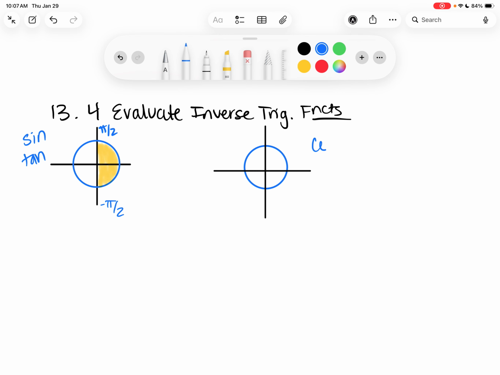Cosine goes from 0 to pi, which is up here. So anytime you're finding the inverse, your value should be anywhere from, for sine and tangent, minus pi over 2 to positive pi over 2, or for cosine from 0 to pi.